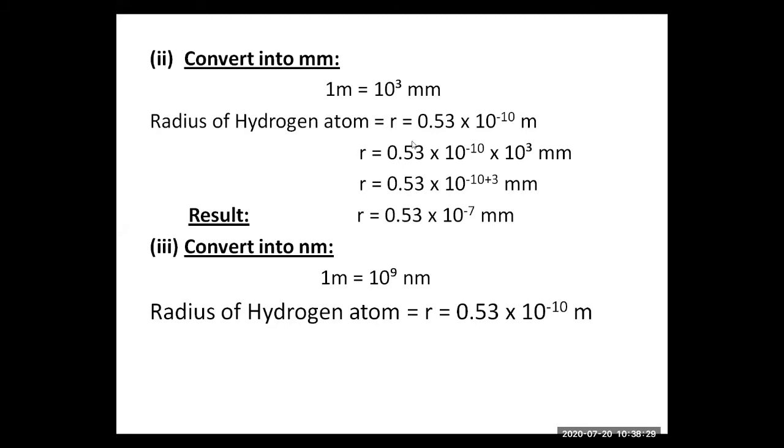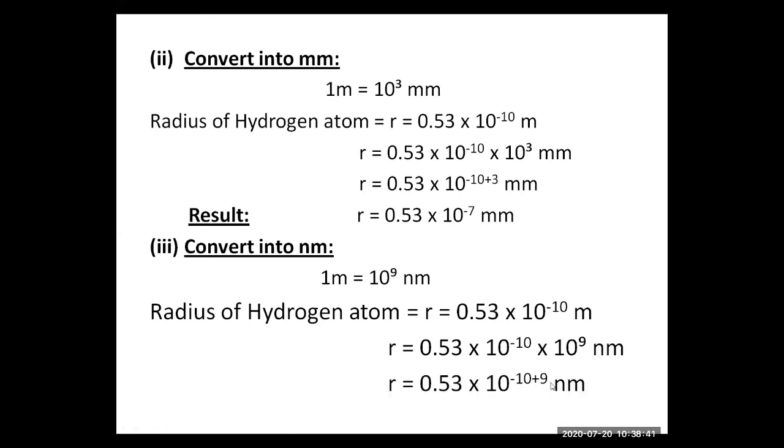Now, after that, we will multiply 10 to the power 9 with 10 raised to the power minus 10. Then we will get minus 10 plus 9, so 10 raised to the power minus 1 nanometer. So R is equal to 0.53 multiplied by 10 raised to the power minus 1 nanometer is the required result.